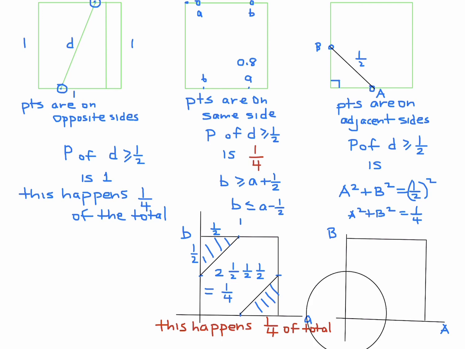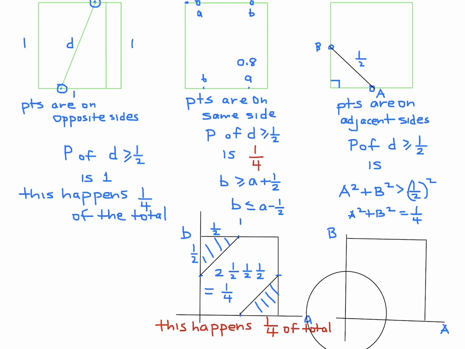So something like that. And we want the probability as follows. We want anything that is equal to a half, but also what's going to be perfectly valid is if it's greater than a half. For example, if I'd made a line like this, or if I made a line like that, that's fine. So really what we want is that the distance is not just equal, but actually equal to or greater than a half.